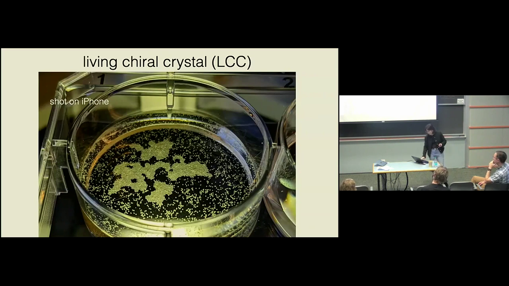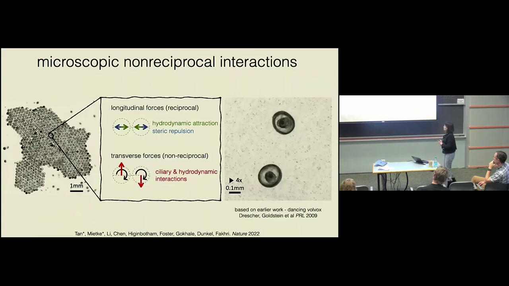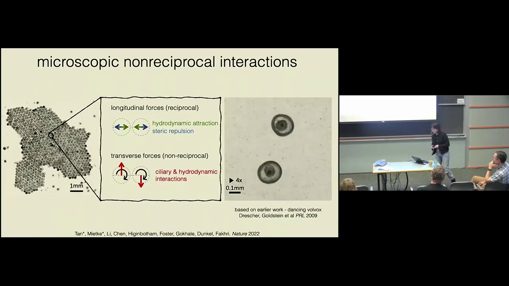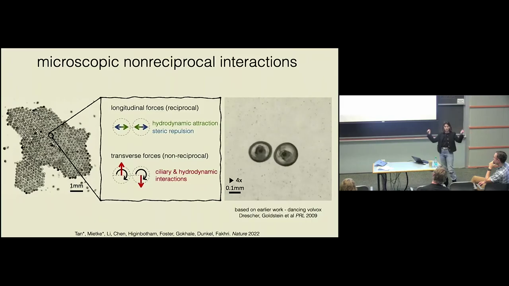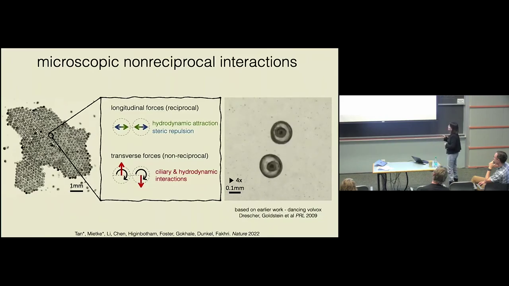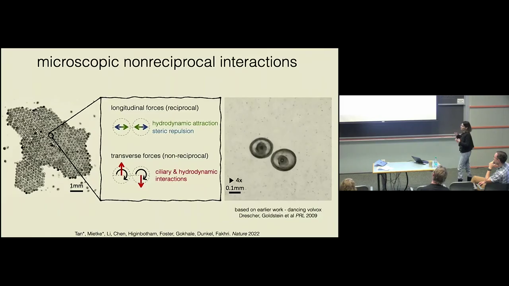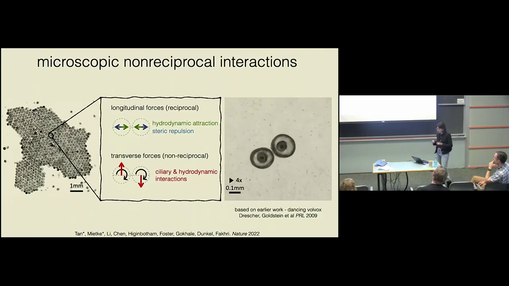Now, talking about the type of microscopic interactions that we have within the system. One thing we can see is that as the starfish spins, it pulls the fluid inward and pushes it downward. This generates an attractive hydrodynamic interaction between these embryos that results in them coming together, and this is something that we can ascribe to a potential energy.